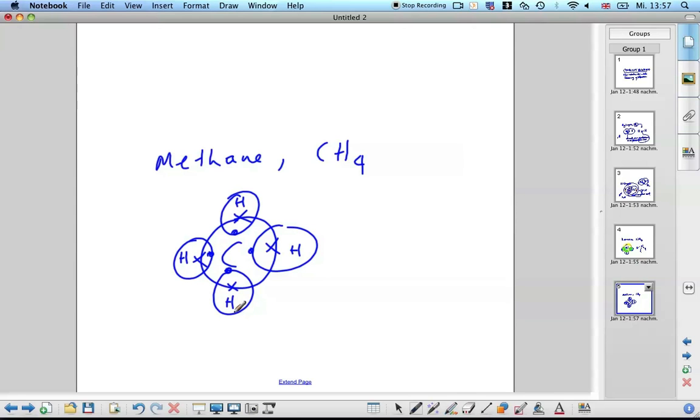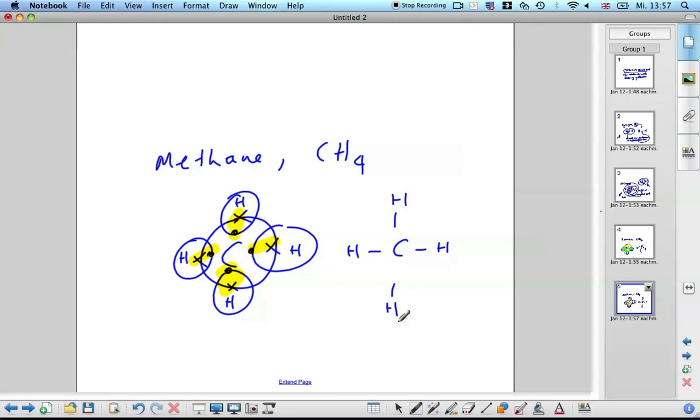How many electrons are round about the carbon atom? 1, 2, 3, 4, 5, 6, 7, 8. And the hydrogens have 2 in each one. So you end up with this structure.